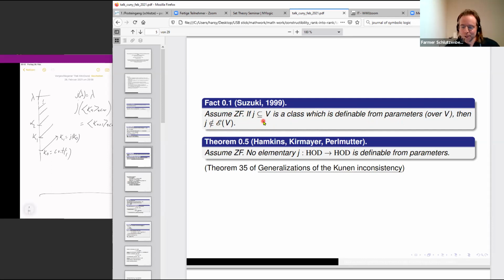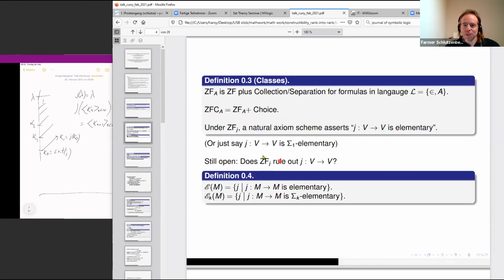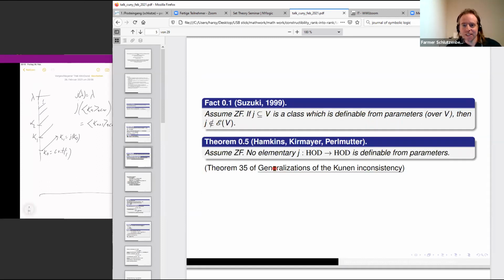But the question, as I mentioned, was: does ZFJ rule it out? And there, it's a different question. This theorem of Suzuki's is refined by another result of Hamkins, Kirmayer, and Perlmutter, that under ZF, in fact, no elementary embedding from HOD into itself is definable from parameters in V. Naturally, if you've got J from V to V elementary, then the restriction to HOD is elementary from HOD to HOD.